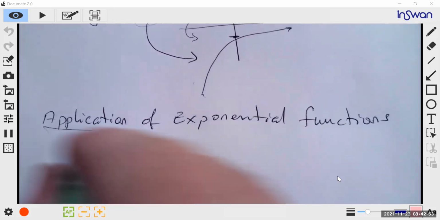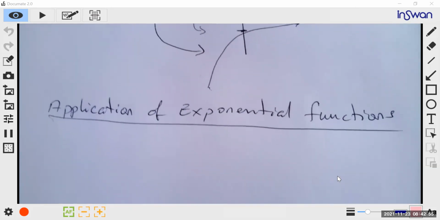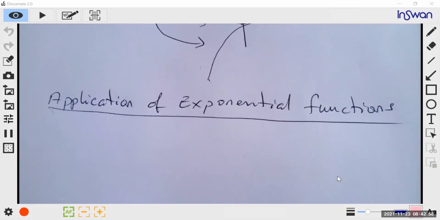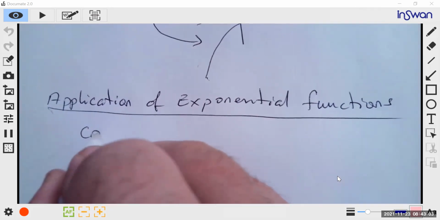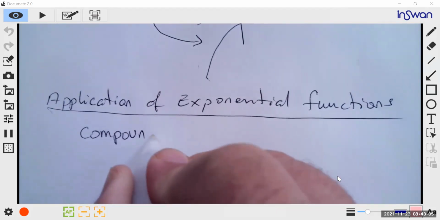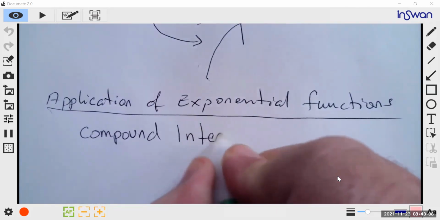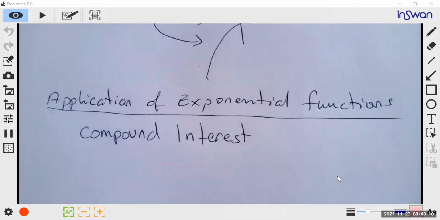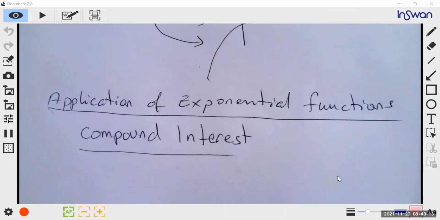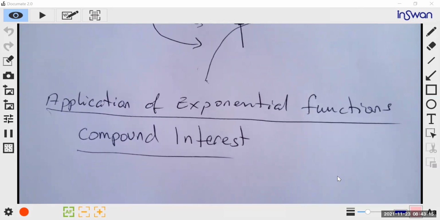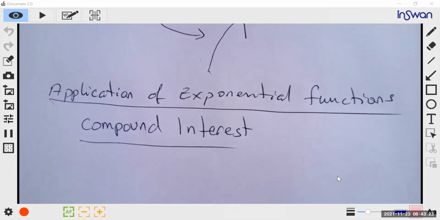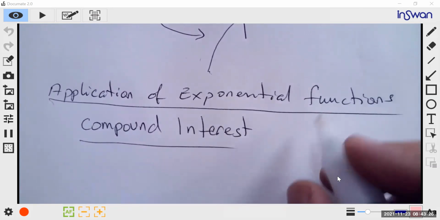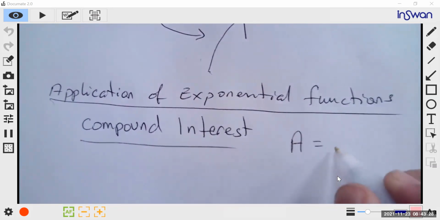An application, a very important application of exponential functions: compound interest. Whenever you buy a house, a car, or anything big ticket item, you'll be faced with compound interest. And here's the formula.